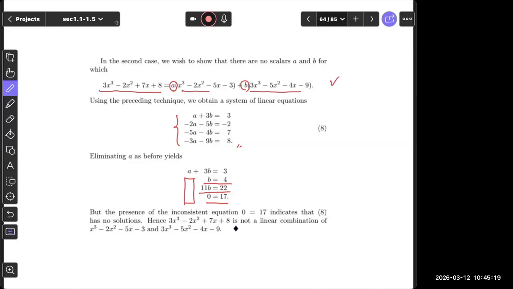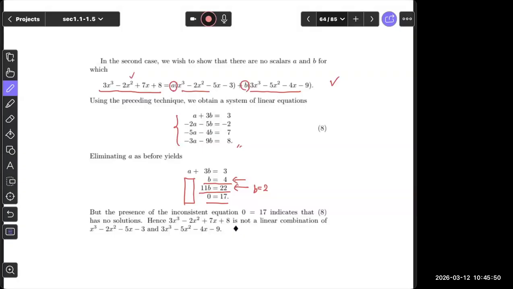That means the polynomial on the left is not a linear combination of the other two polynomials. Of course, when you look at the second and third equations, we actually have another contradiction, because the second equation implies b is 4, while the third equation implies it equals 2. So we have another contradiction. But anyway, one interesting contradiction is the fourth one.